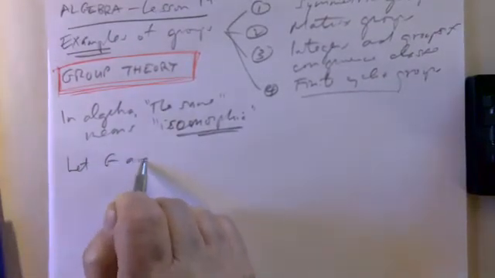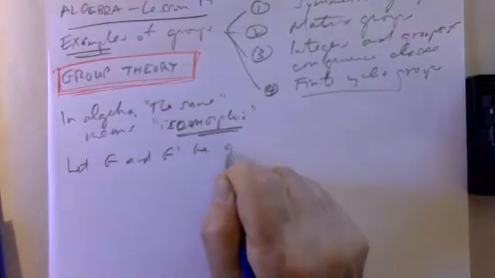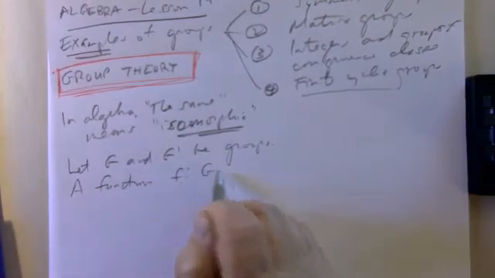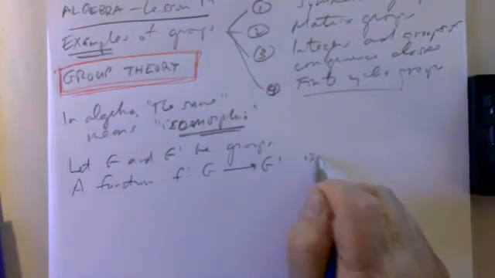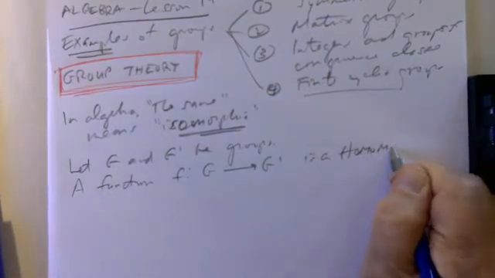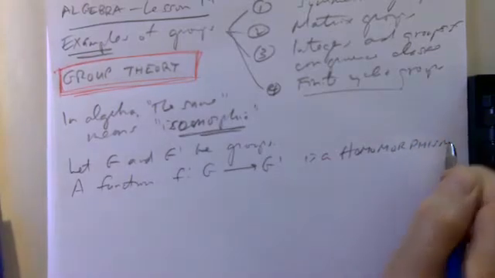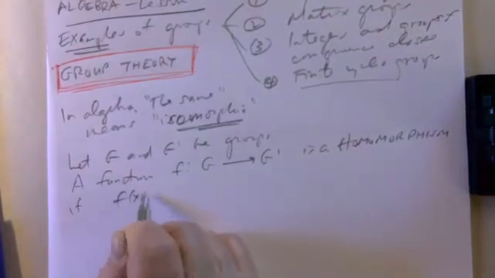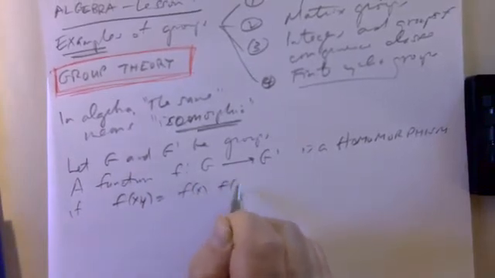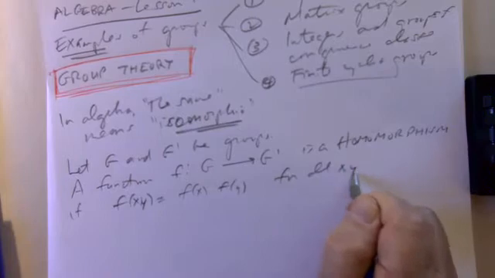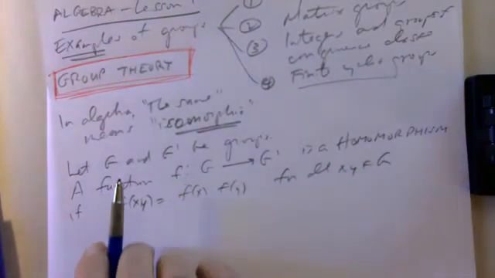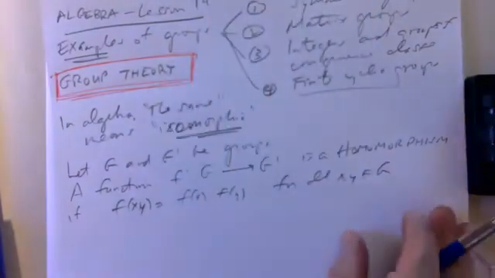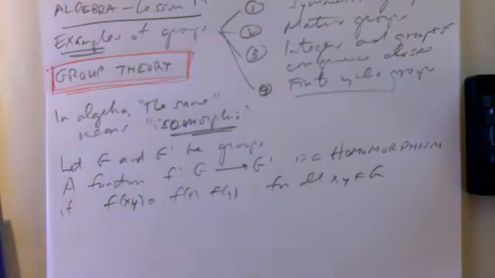So let G and G prime be groups. A function f from G to G prime is a homomorphism if it satisfies one property: f of xy is f of x times f of y for all x and y in the group G. And again, as I keep repeating, I will generally use multiplication as my group operation.